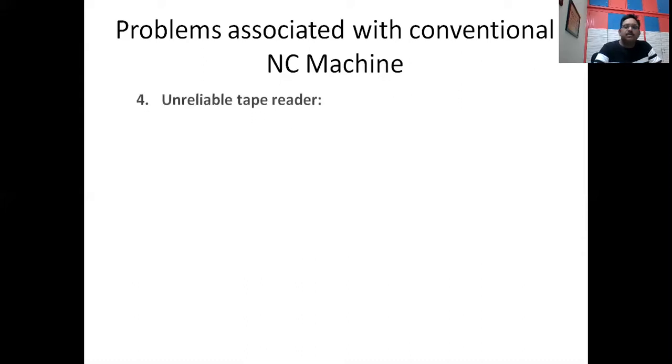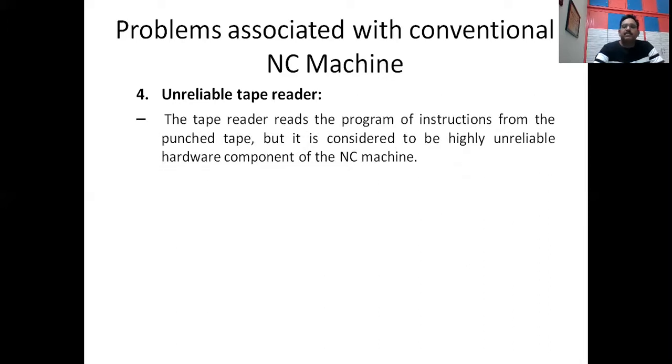Now the problem related to the tape reader. The tape reader reads the program instructions from the punch tape, but it is considered a highly unreliable hardware component of the NC machine. Sometimes it won't read properly, and then it cannot give proper instructions to the machine.